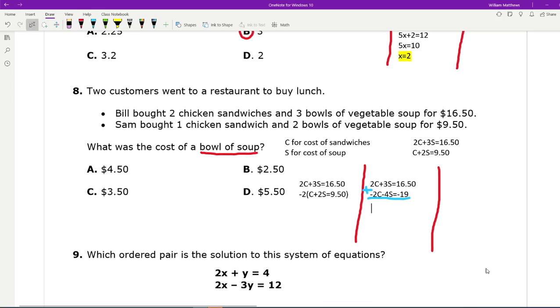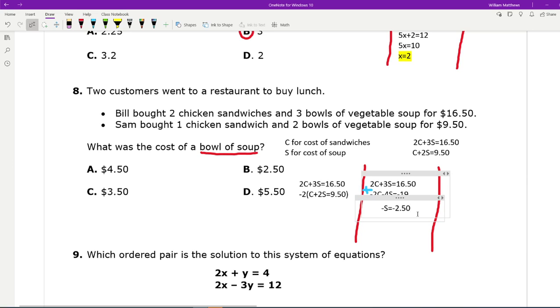My c's cancel out. 3s plus a -4s is a -s, and this will equal 16.5 plus -19 will be a -2.5.